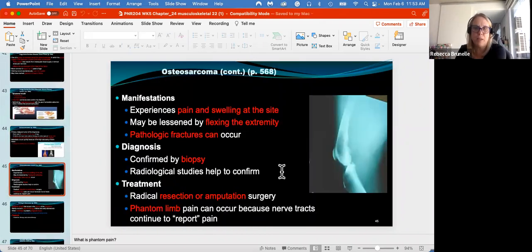So you would expect them to have pain and swelling in that bone. The diagnosis is confirmed by a biopsy. And for this one, the osteosarcoma, they do a resection or an amputation. So they tend to cut out, if it's in the tibia, they would do a below the knee amputation. They take out the section of the bone that has the cancer.